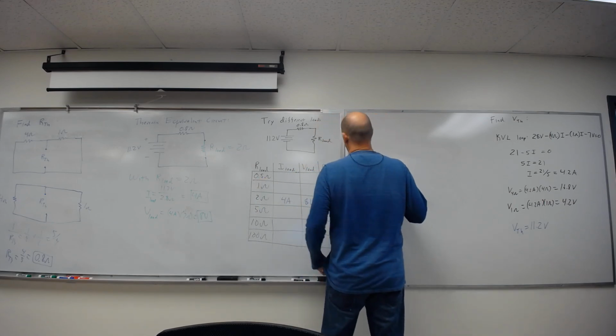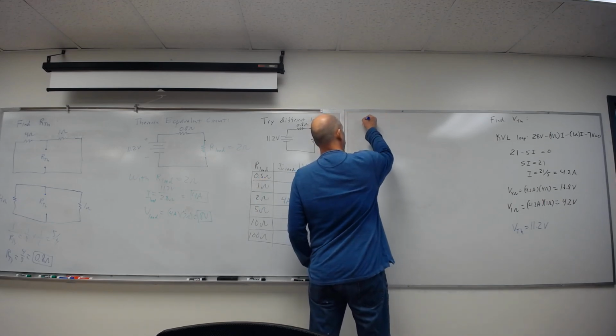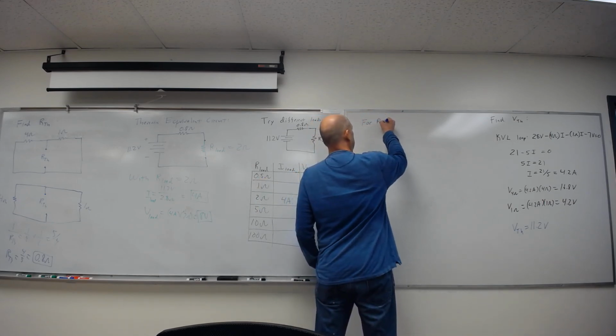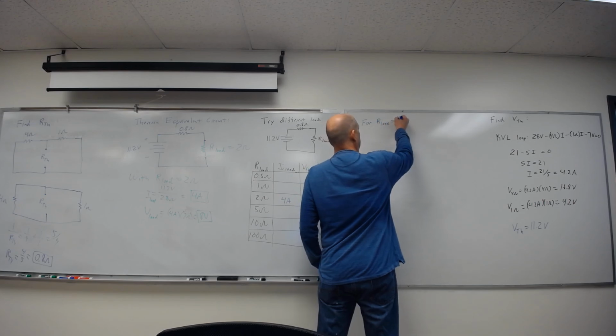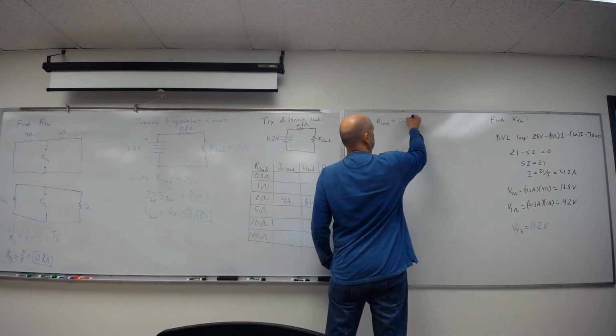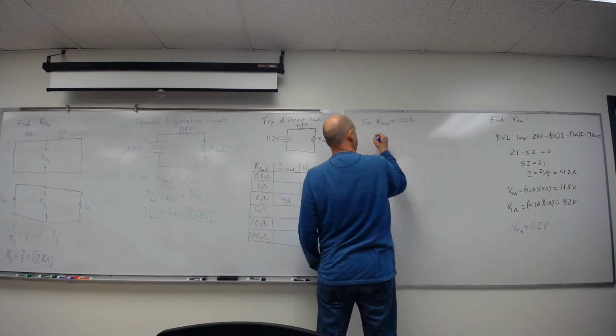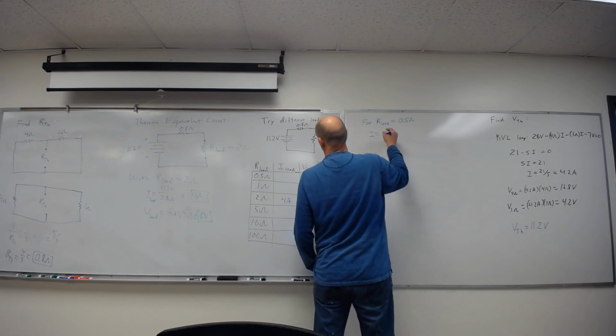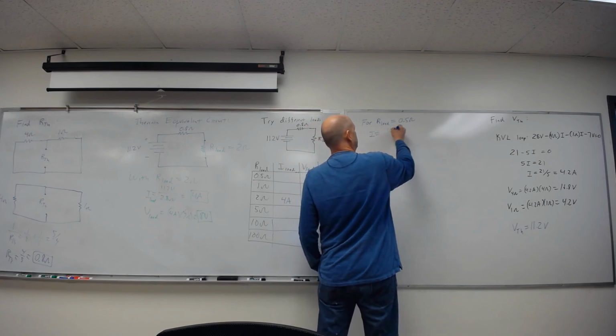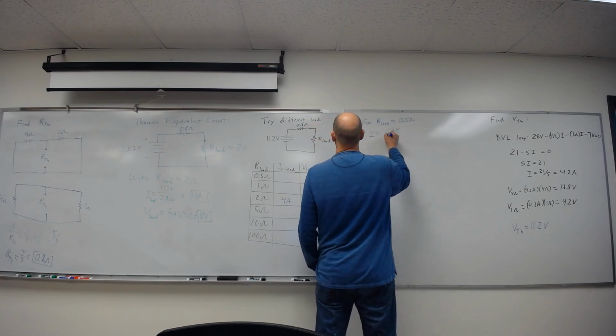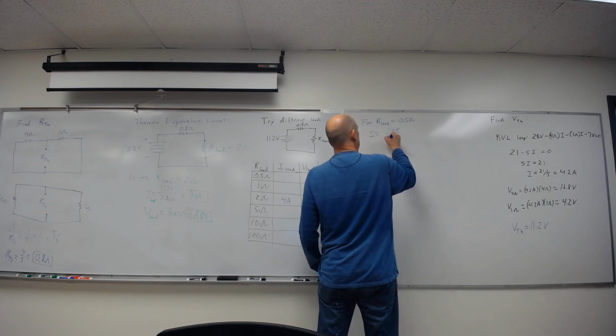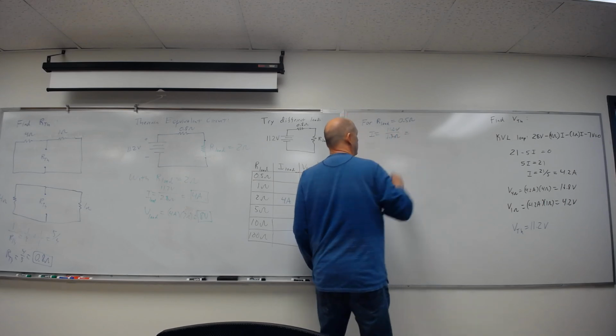So for the 0.5 ohms, current equals 11.2 volts over 1.3 ohms, right? 0.8 plus 0.5.